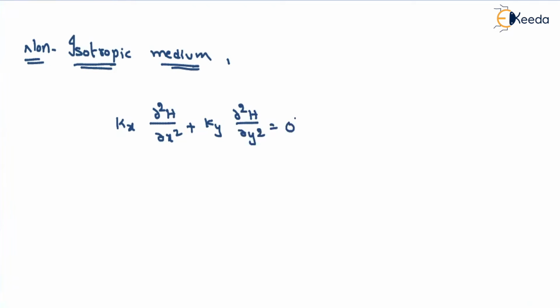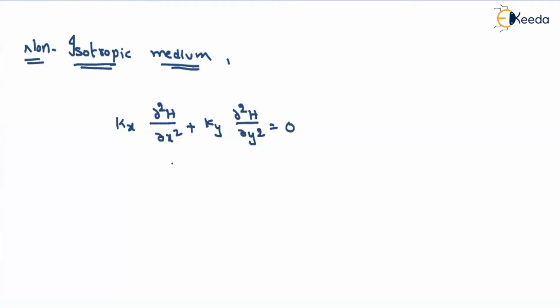The solution of this equation cannot be given directly, as it is not in the form of Laplace's equation. So first we have to transform this equation into a suitable Laplace form, and then we will study the analysis. For that we will transform the coordinate system.